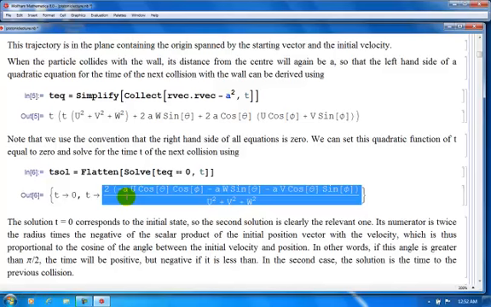If it's negative, that means we're looking at the previous collision, and if it's positive, then we're looking at the next collision. And this thing here is proportional to the cosine of the angle between the velocity and the position. So anyway, let's go on.